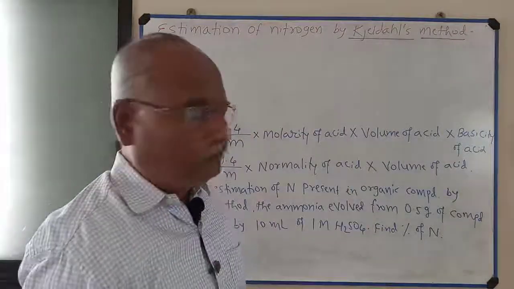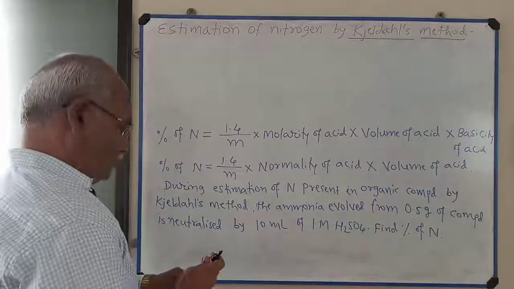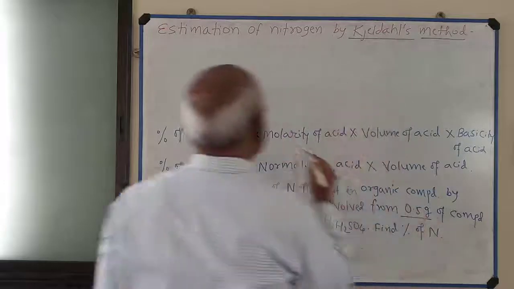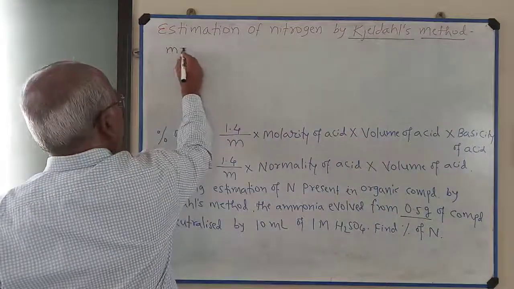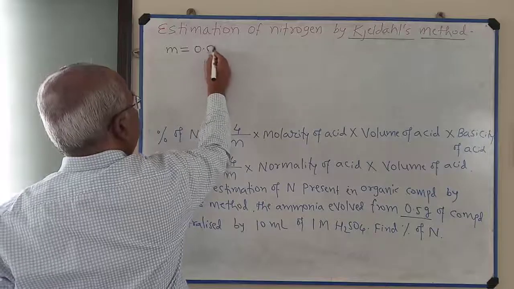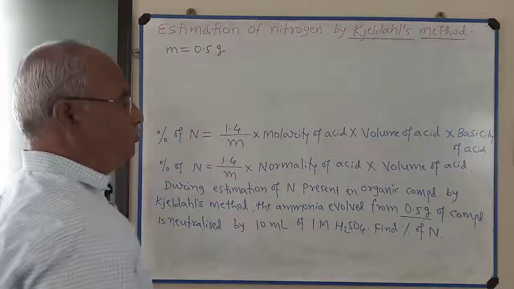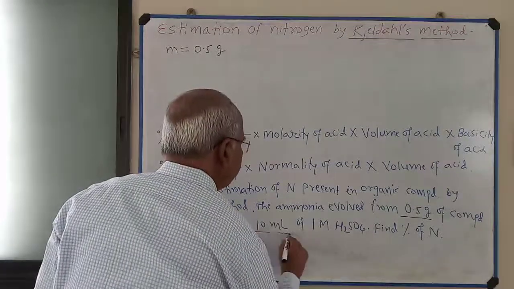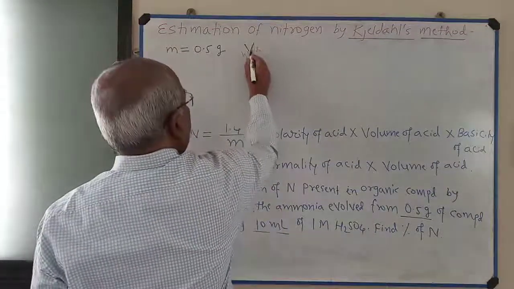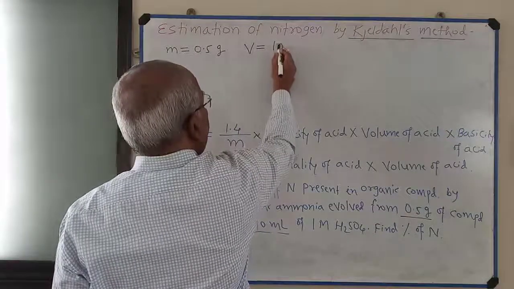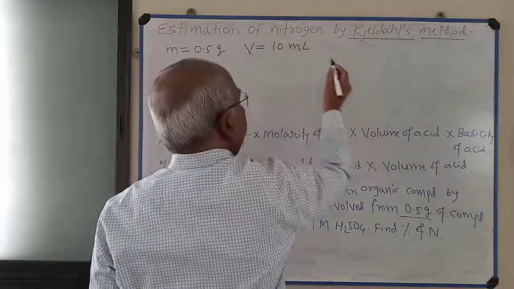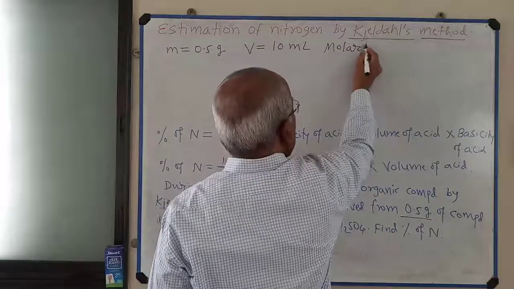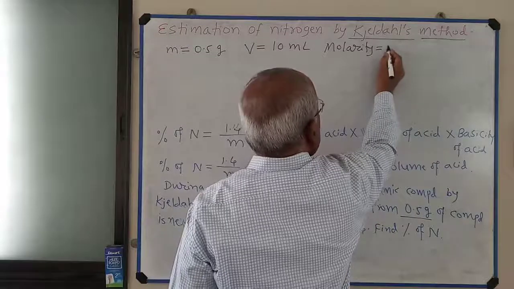So look here, the mass of organic compound M is equal to 0.5 gram, the volume of acid is equal to 10 ml. Molarity is equal to 1.